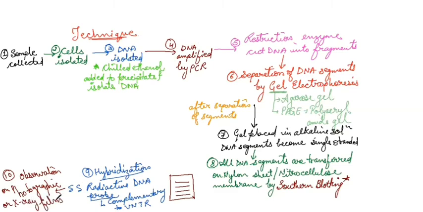Clear? And hence the DNA sample is developed and DNA fingerprinting is done, DNA matching is done. Once the photographic film is developed, the final thing, DNA fingerprinting, is done, that is, DNA matching is done. So this is the complete process for DNA fingerprinting.